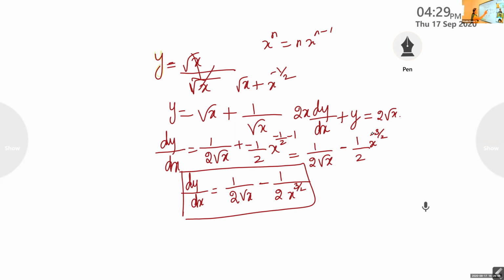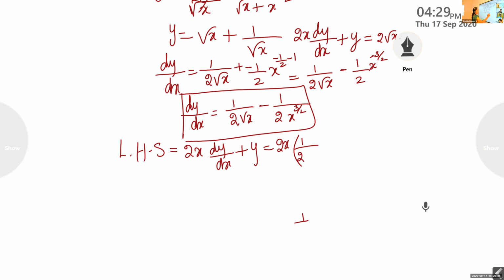So now I am going to substitute this in LHS. We have to prove LHS is equal to RHS. So in LHS we have 2x dy by dx plus y, which is equivalent to 2x into 1 by 2 root x minus 1 by 2 x raised to 3 by 2.